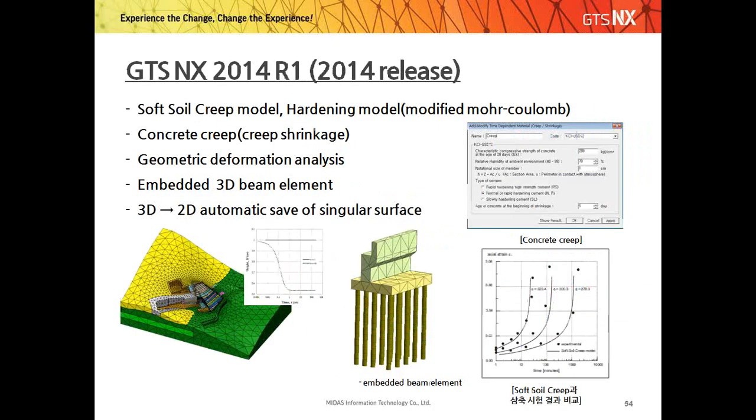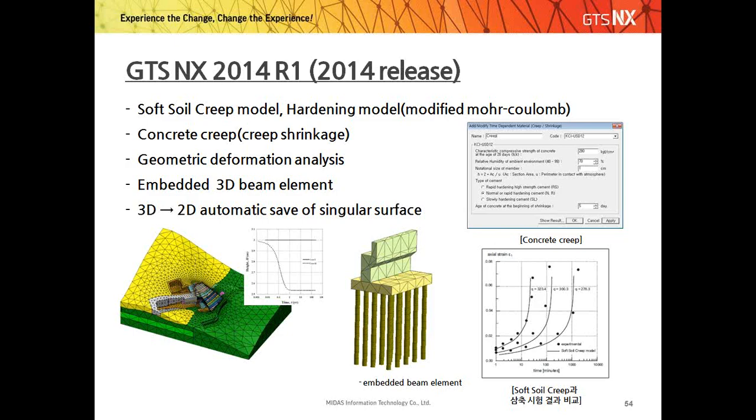In GTS NX 2014 R1, that is the 2014 release, we will also incorporate some features like the soft soil creep model and the hardening model, which is basically the modified Mohr-Coulomb method, considering also the concrete creep, like the creep shrinkage for different geotechnical parameters, like for rock bolt and so on.